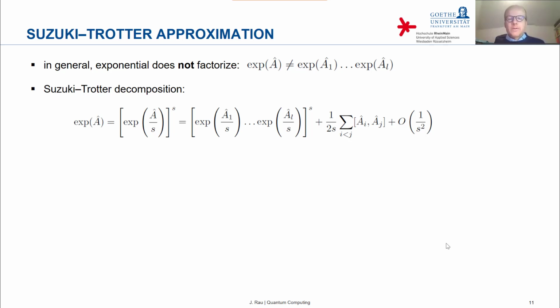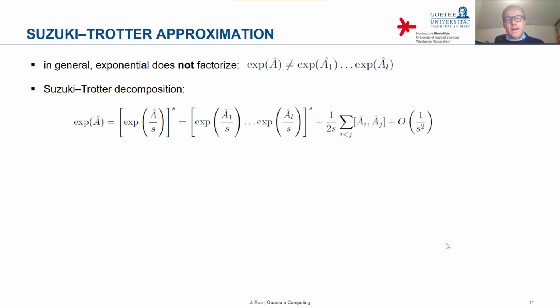Now it turns out that within the square bracket, if the unitary transformation is tiny, then to a good approximation you can factorize that. So now you have on the right hand side, inside the big square bracket, a product of individual small unitary transformations, and each of these is just generated by one of the A_i's.